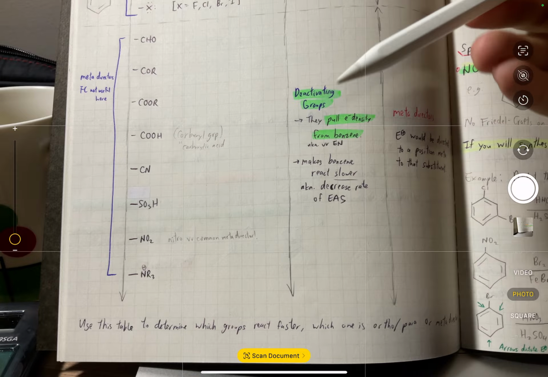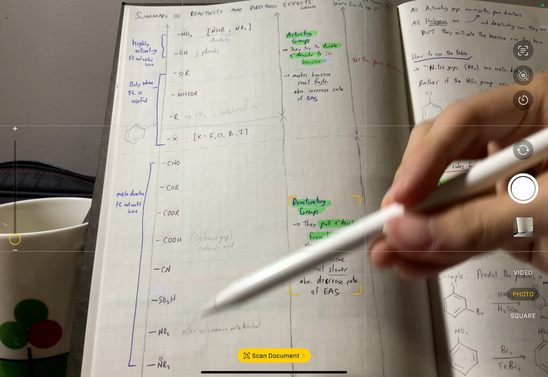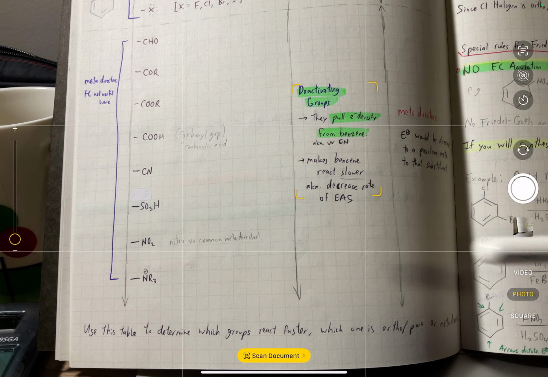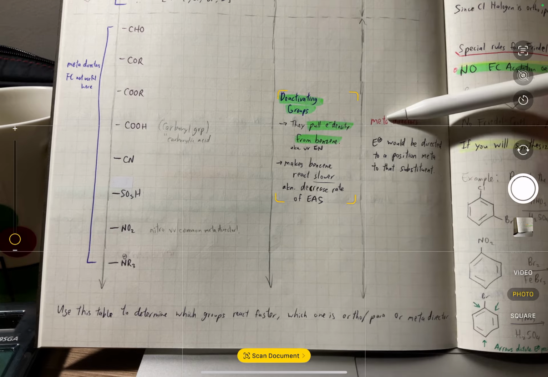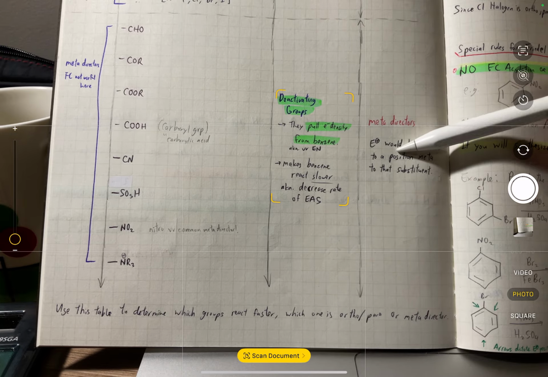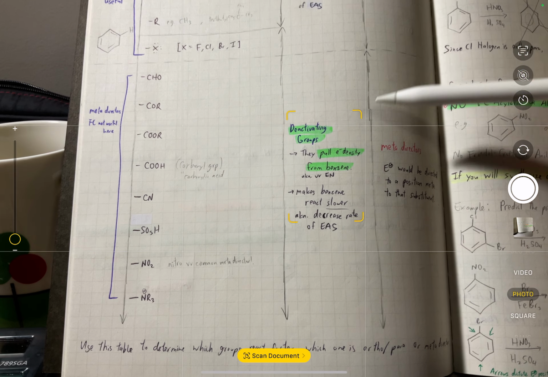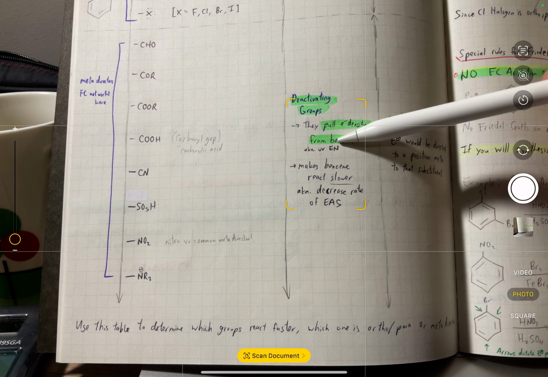So it's actually ranked, no? From lowest to highest, increasing rate of reaction. No? So meta directors, electrons would be directed to a position meta to that substituent. For the deactivating groups, everything here, they pull electron density from the benzene.